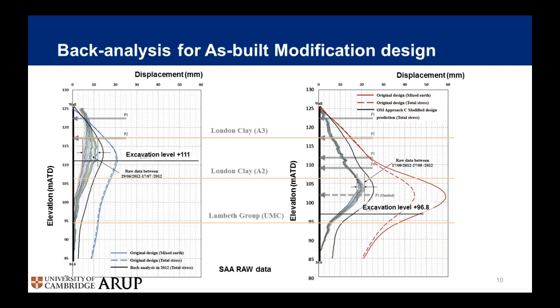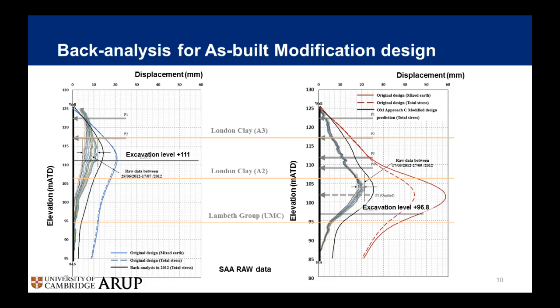And here is the back analysis that was carried out for this modification plan. On the left-hand side is the stage where the back analysis was carried out. It was validated that the most probable condition is a total stress analysis.